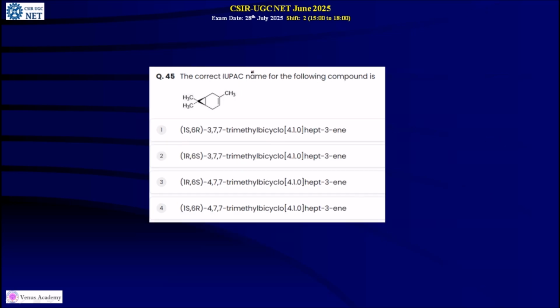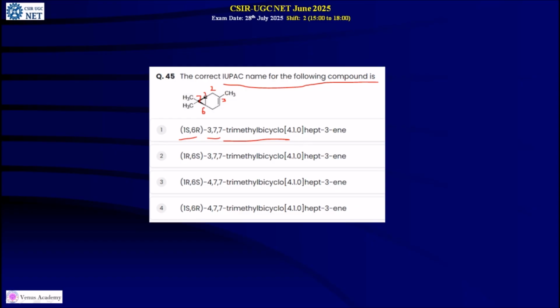Next, the correct IUPAC name for the following compound is, so what is the correct IUPAC nomenclature? Let us start here: 1, 2, 3, 4, 5, 6 here, and this is 7. So 7, 7, 1S, 6R, 3 means 3-methyl, and the 7 dimethyls make it 3,7,7-trimethyl bicyclo.